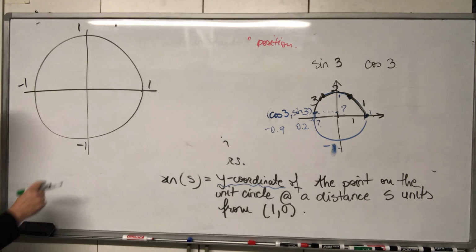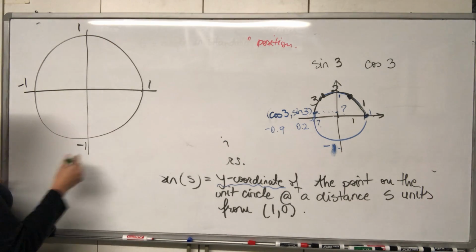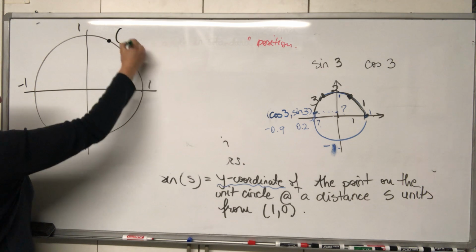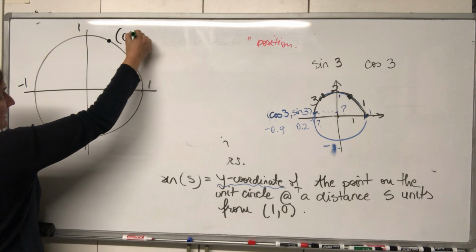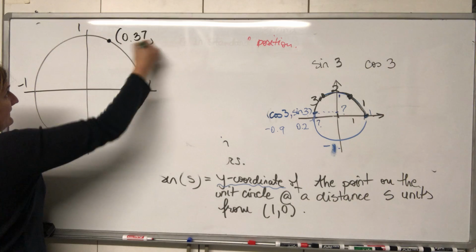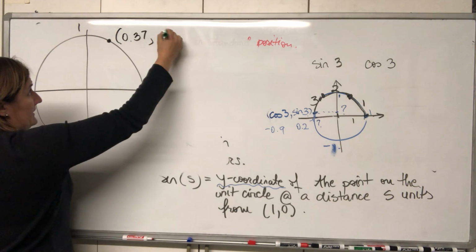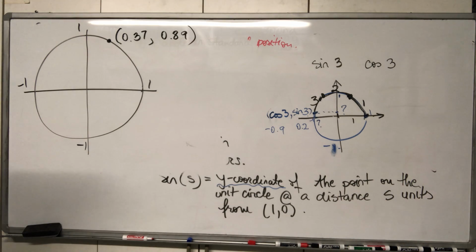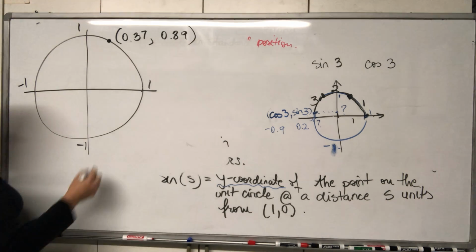So if you're on the unit circle, it says, okay, here is a point, and let's say this point has an x-coordinate of 0.37, and a y-coordinate of 0.89, and I'm not sure that that could even be possible. We'll talk about what that means in a second.